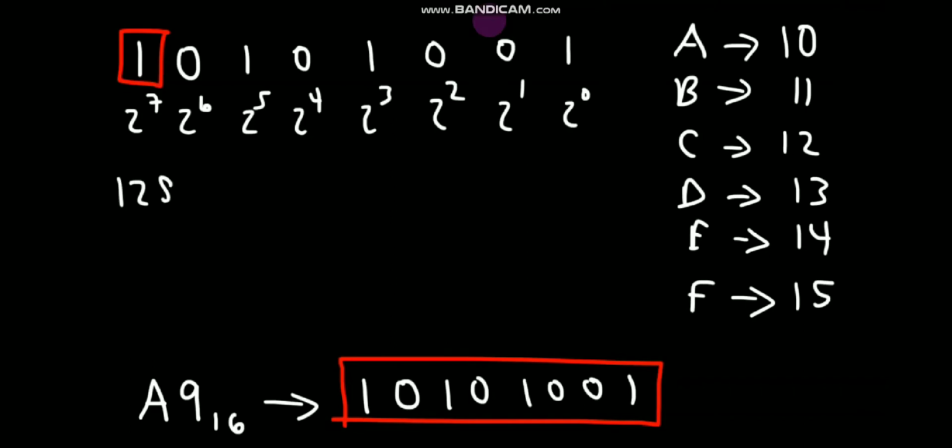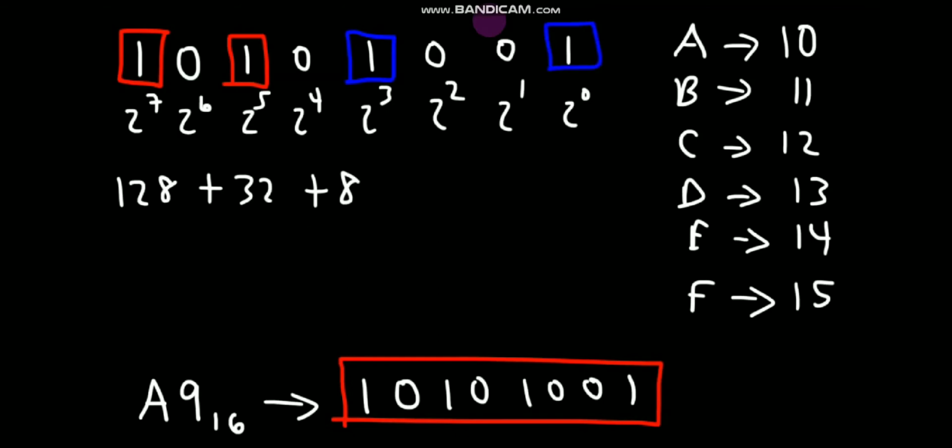So 2 to the power 7 is 128, and 2 to the power 5 is 32, then 2 to the power 3 is 8, and 2 to the power 0 is 1. Now add all these numbers, so you will get 169.